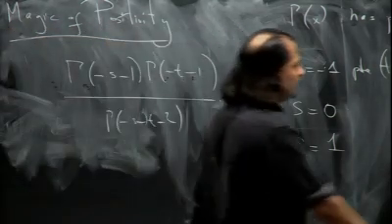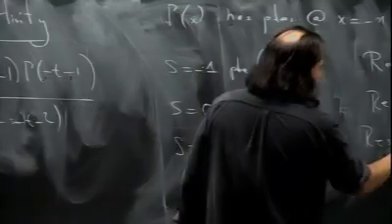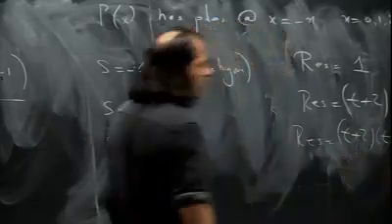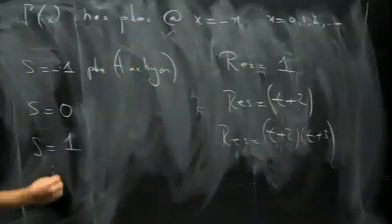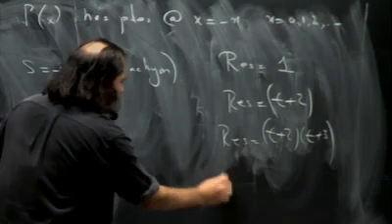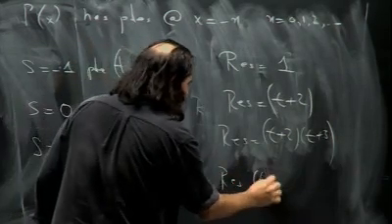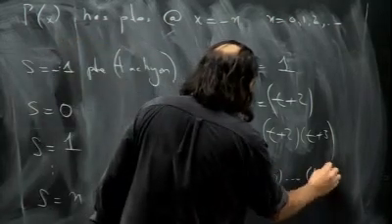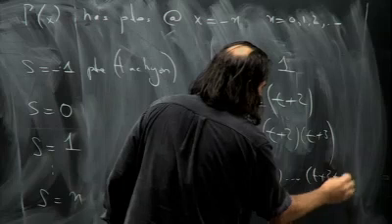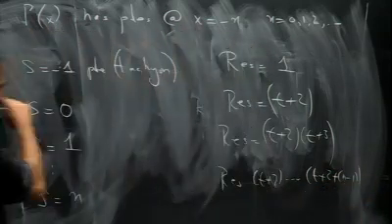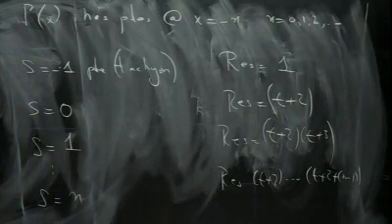And so this residue is t plus 2 times t plus 3. And in general, if we go to the residue at s equals n, the residue is t plus 2 up to t plus 2 plus n minus 1.